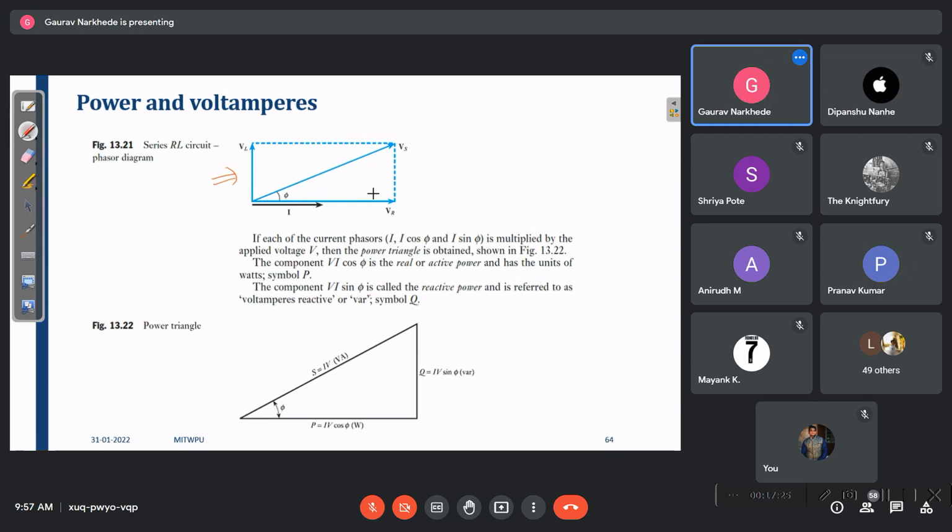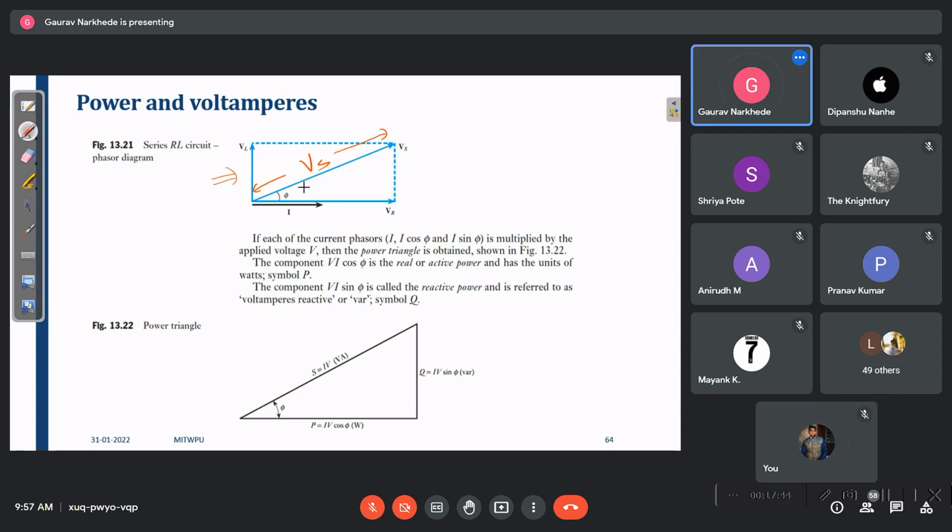Okay, now I will just give you some components. Let us suppose this is a triangle. What is the length of this side? This is VS, correct?